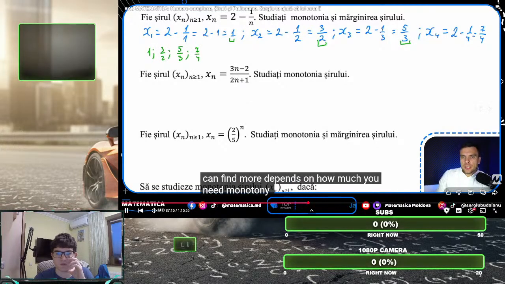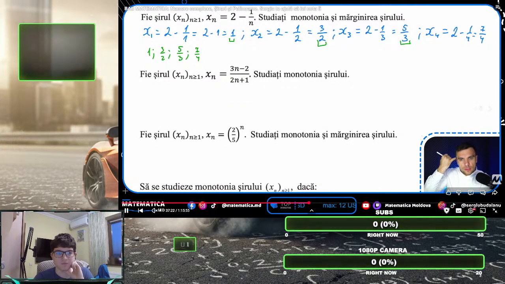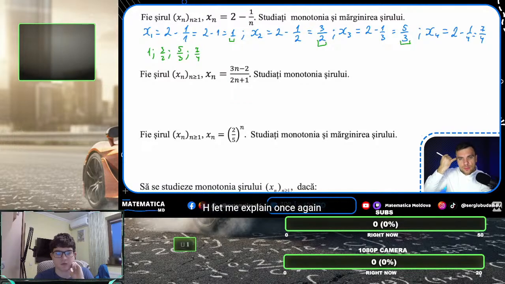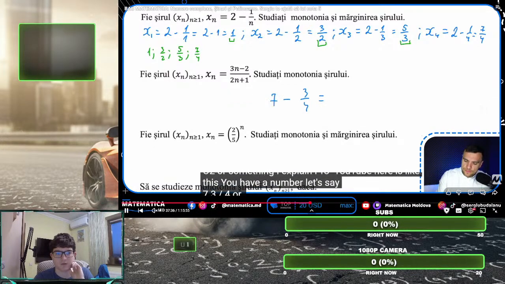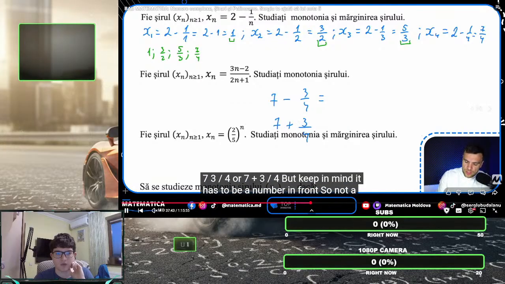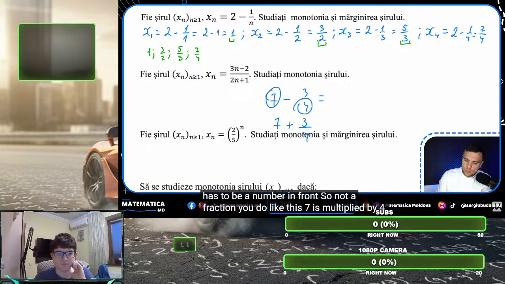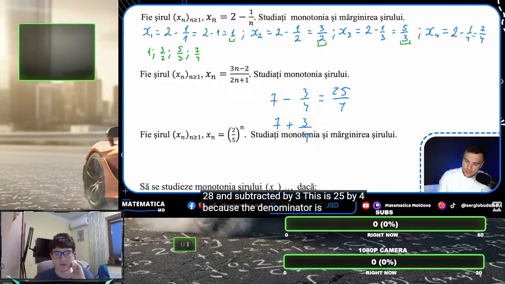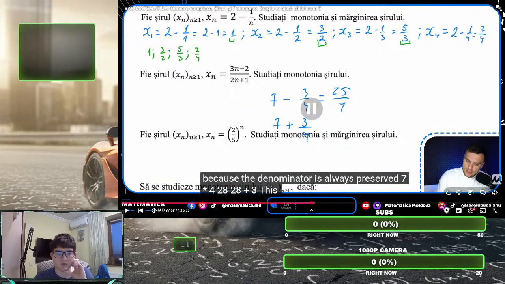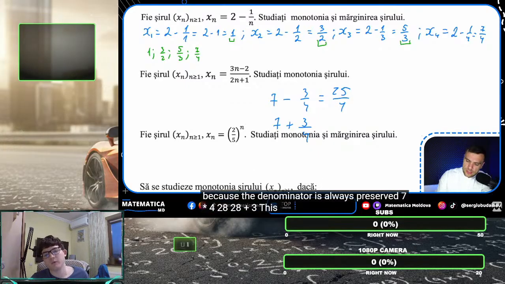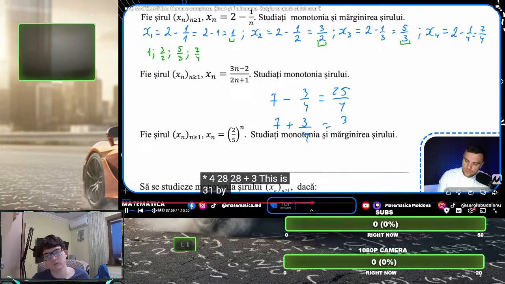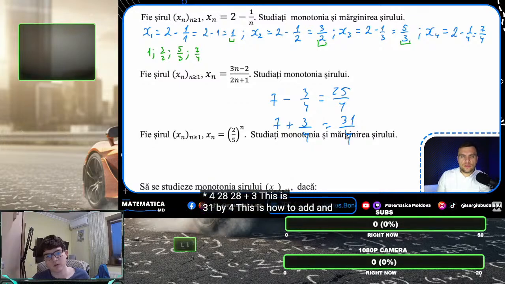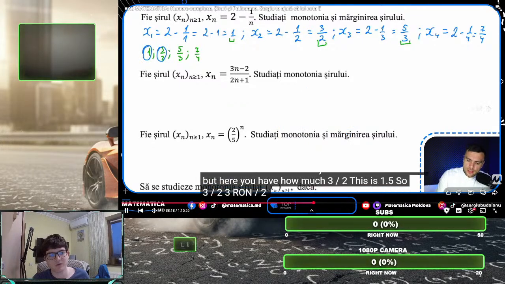So essentially it's going up, right? 5 divided by 3 is bigger than 3 divided by 2, right? If you do 7 minus 3 divided by 4, I don't know why he did 3 divided by 4, or 3 divided by 1, or what? No. 31 divided by 4. What he explains, bro.